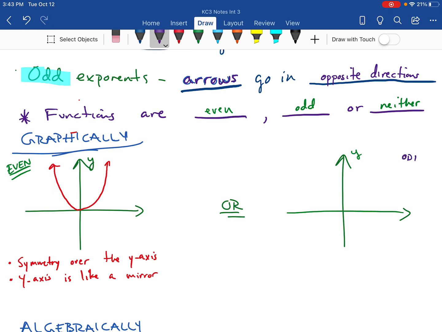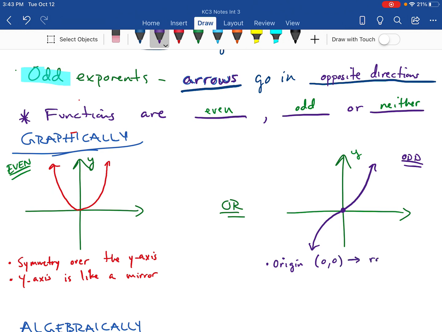So for an odd function, for example, if I give you a cubic function, x to the third has an odd exponent, it is an odd function. Here, you are looking at the origin. And if you remember, the origin is at 0, 0, right in the middle.